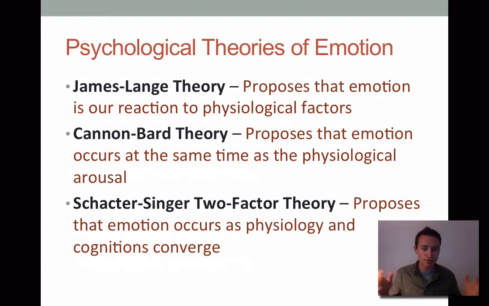Uncontrollably, because of survival instinct, we are going to have increased fight or flight response, increased heartbeat, increased blood pressure. That's like a knee-jerk reaction, uncontrollable. But it's my cognition, my thoughts, things like, oh my gosh, that's a snake that could potentially harm me, that allows me to interpret that physiological arousal as fear.